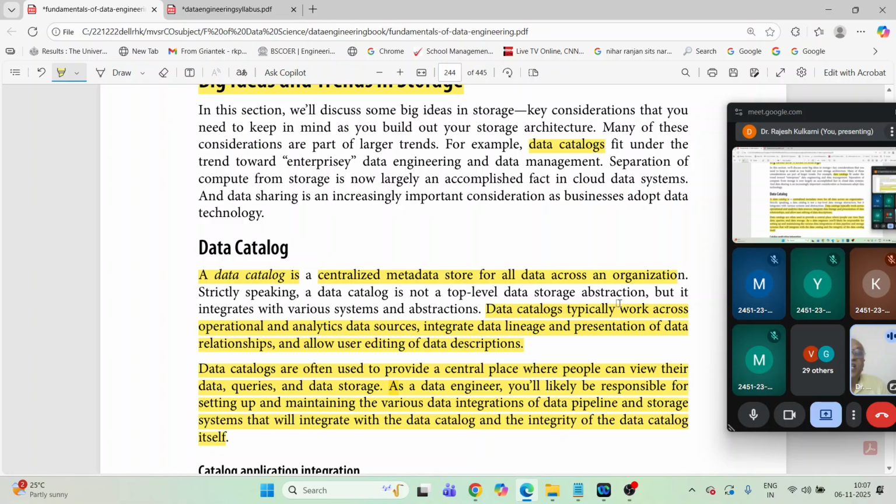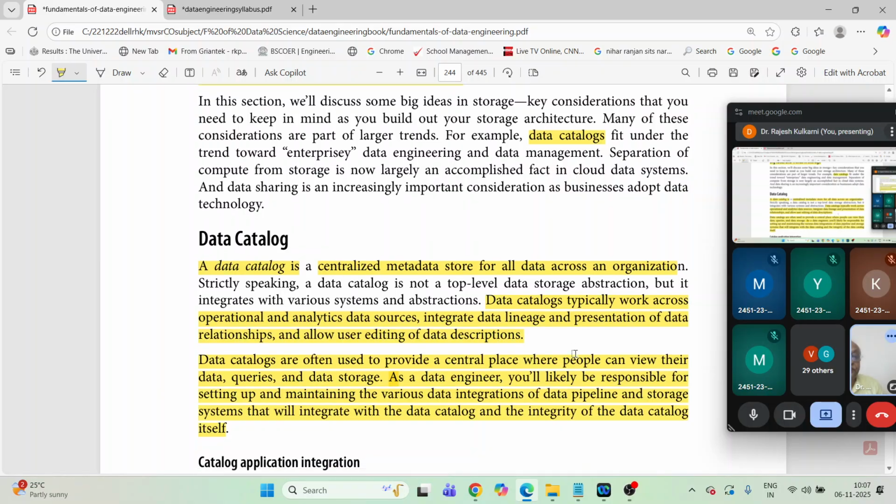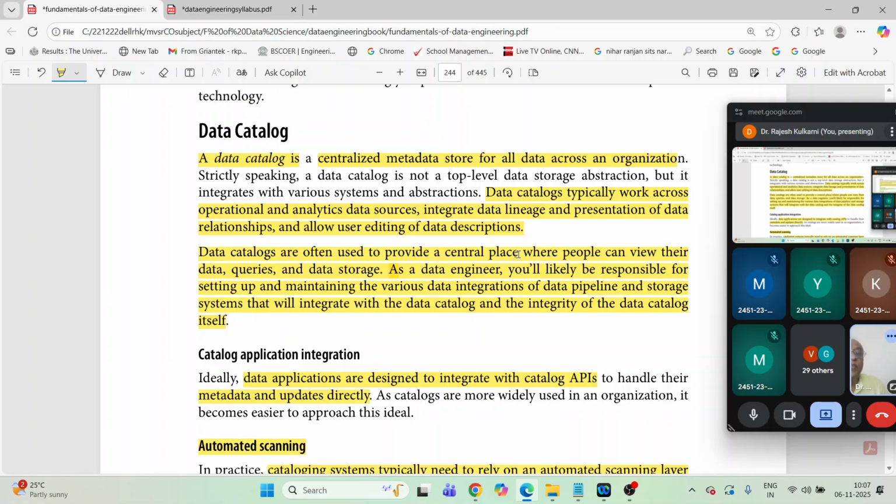It's a centralized metadata store for the entire data across an organization. It will be running across operational and analytics data stores. It integrates data lineage and presentation of data relationships and allows user editing of data descriptions. It is kind of a central place where all the people can view the data, the queries, the data storage.